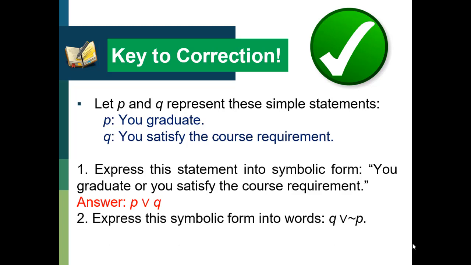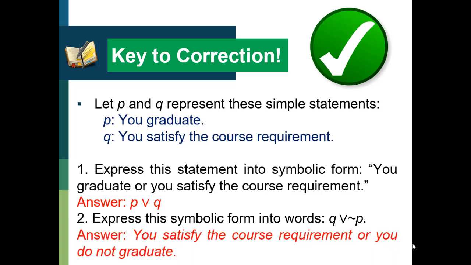Next, Q or not P, that means you have to write first the statement Q, you satisfy the course requirement, introduce or, and negate the first statement, or you do not graduate. See to it that when you're going to write a compound statement, it must be correct also grammatically. Alright? Because mathematics is also a language.